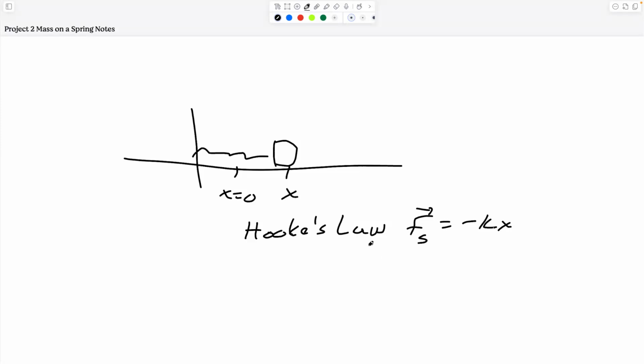So we could just write down Newton's second law, F equals ma. That's our only force. We could solve, we get sines and cosines. It's a boring problem.